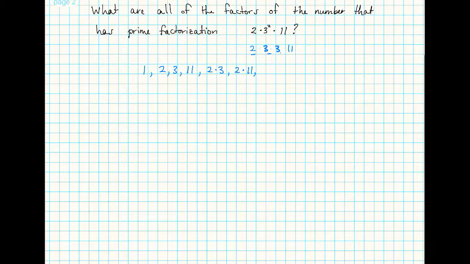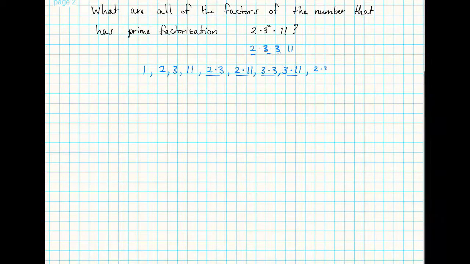Multiplying 3 times any one of these, well, 3 times 2, we've already got, 3 times 3, and 3 times 11. So these are all of the numbers that have basically 2 prime factors. And then we can look at all of the numbers that have 3 prime factors.